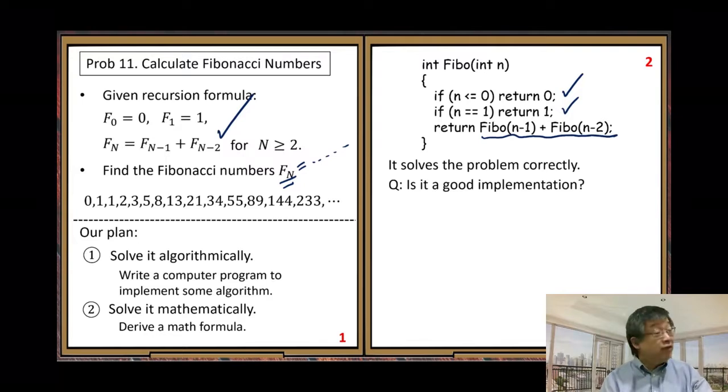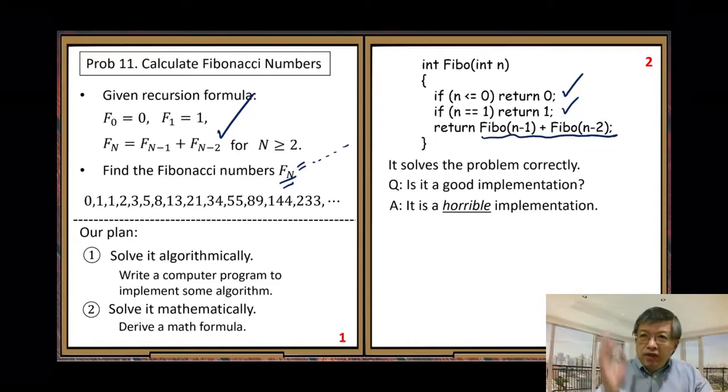All right, so here, first, let me give you the answer. It is a horrible implementation. The efficiency, the performance, is extremely slow. How can we see that? We cannot tell from the code. Nobody can see that, right?